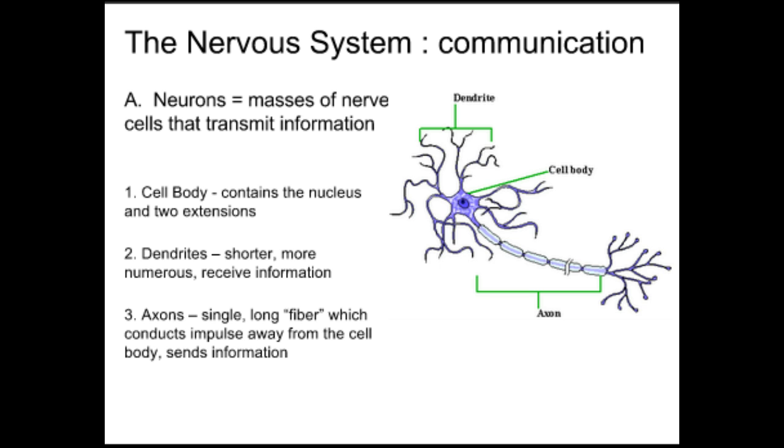We need to talk about neurons, and that should be something that is very familiar to you because you've done a couple of things on tissues, and in each one you should have learned about neurons. And neurons are the cells of the nervous system.